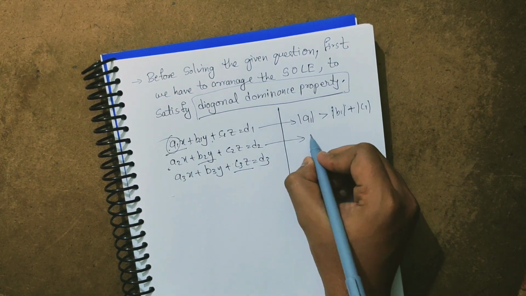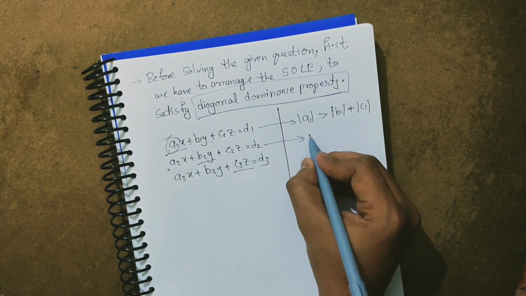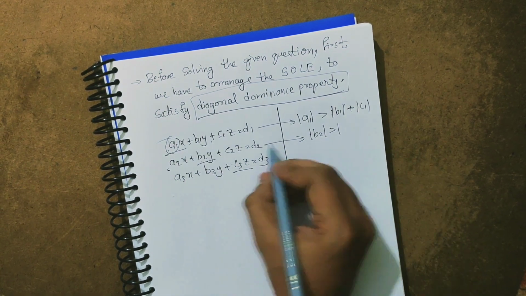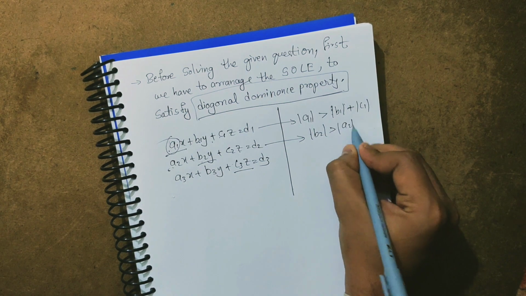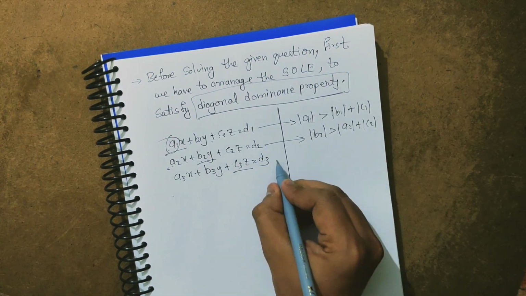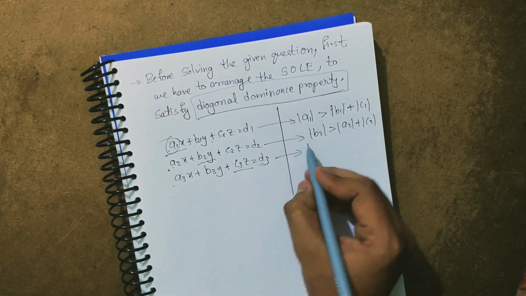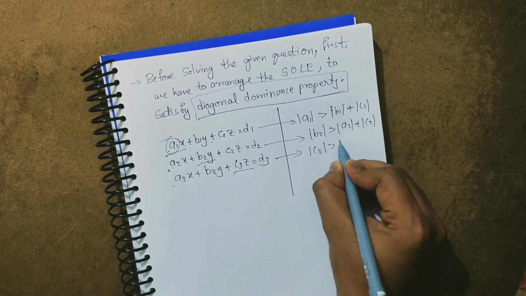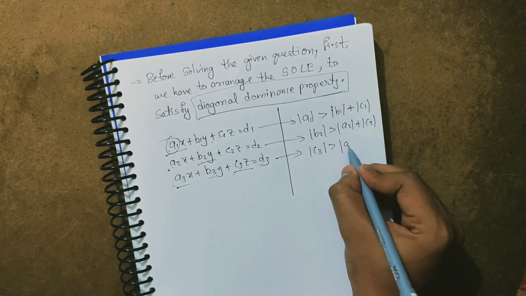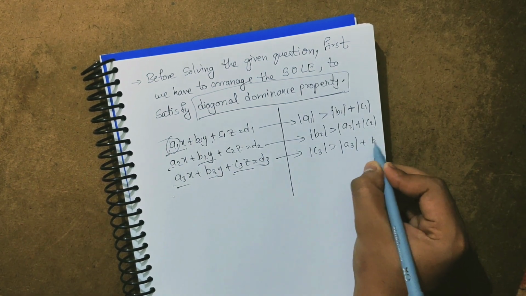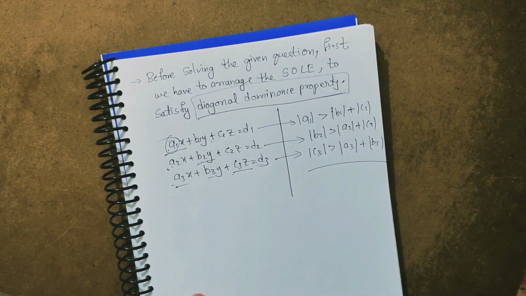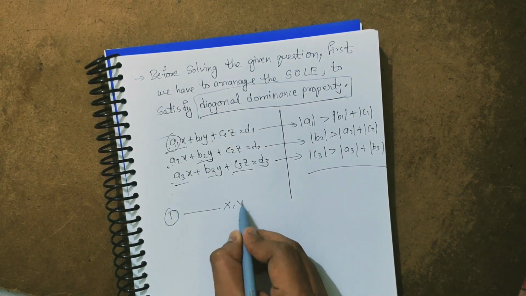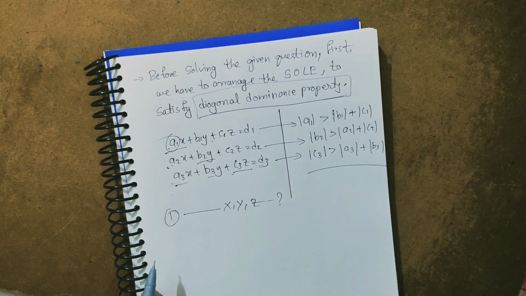For this also, we are finding the b2 value, hence b2 should be greater than |a2| plus |c2|, right? Here also you can see we are finding c3, so the c3 value should be greater than |a3| plus |b3|, right? So what have we learned? First, how to write the x value, y value, z value equations.